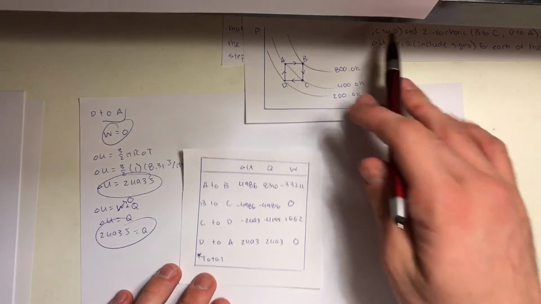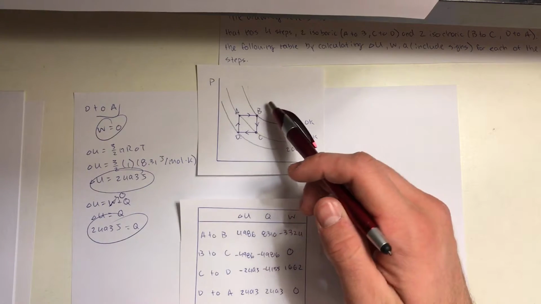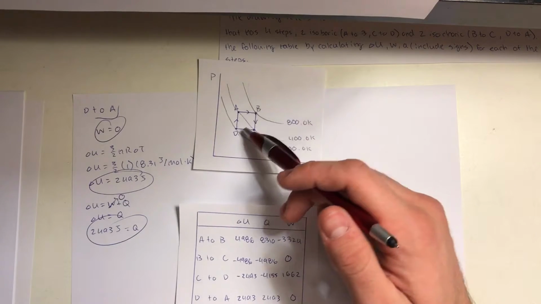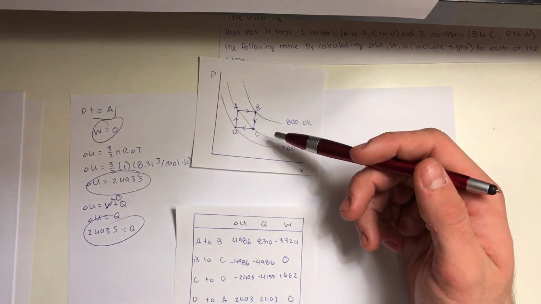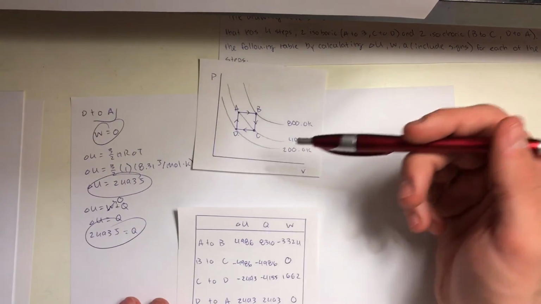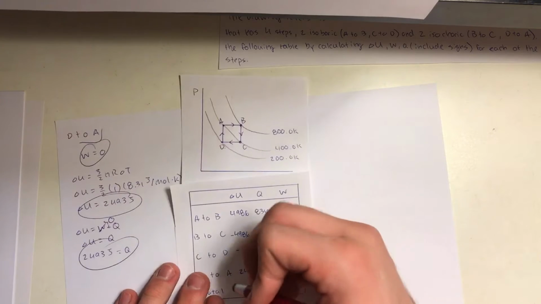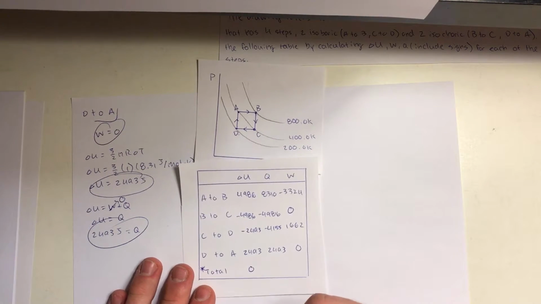And obviously, since we start at A all the way around and end at A, we do not change isotherms because A is the same point on the same isotherm as A. Duh. So the change in internal energy is going to be 0. That's important.